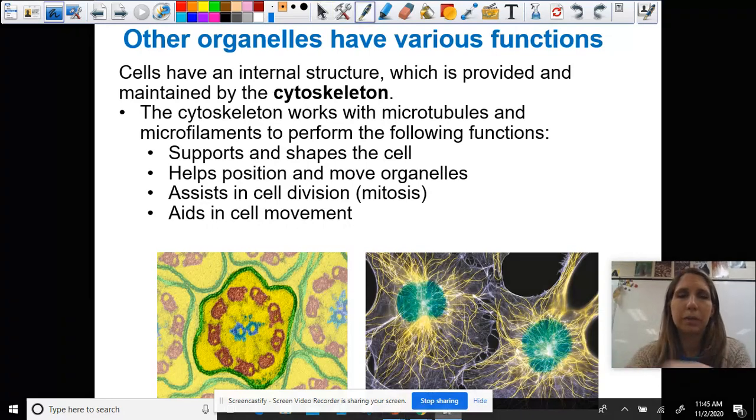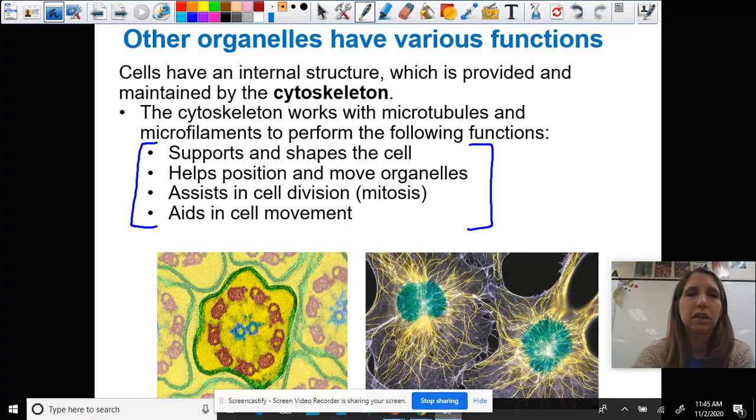What I usually say when we get to this slide is I have students write down like 2 of these functions. And that would be fine if you want to go that route, or of course, if you want to write more, that would be fine too. But the general idea is this is like a skeleton for us that's in the cytoplasm of a cell. So it helps to support and shape, again, position and move organelles with the help of things like vesicles, and will assist with cell division.